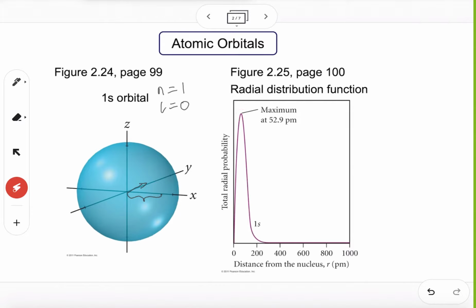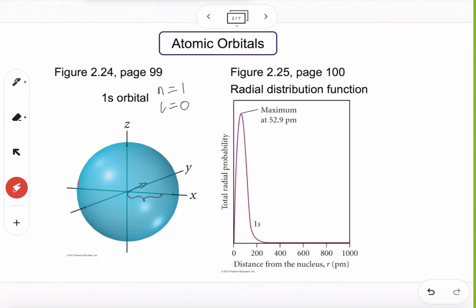In other words, electrons will move around on this 1s orbital almost randomly with the speed of light. So where can you find the electrons with the highest probability? The answer is at a distance from the nucleus of 52.9 picometers.